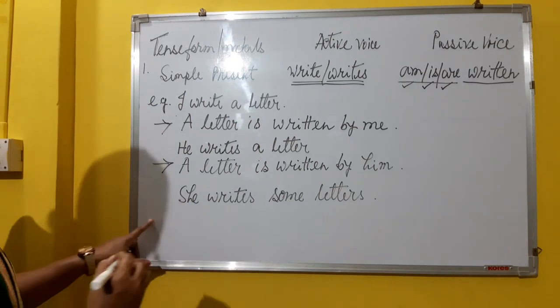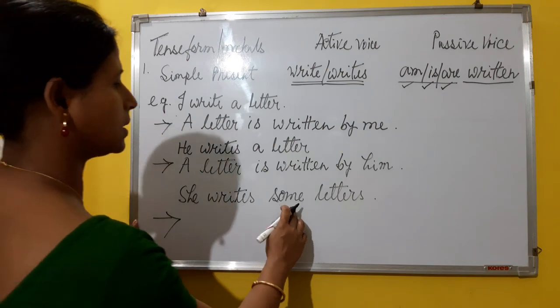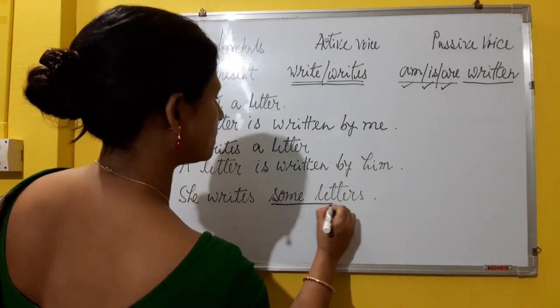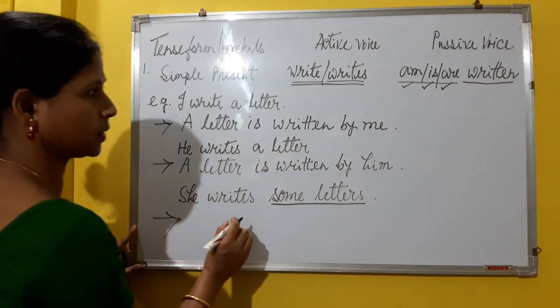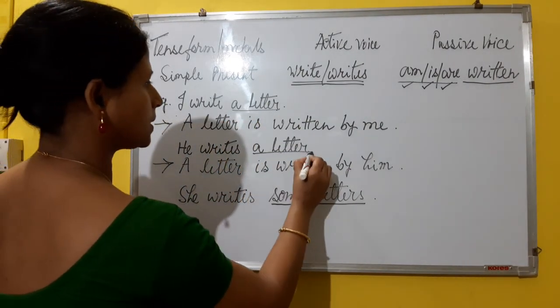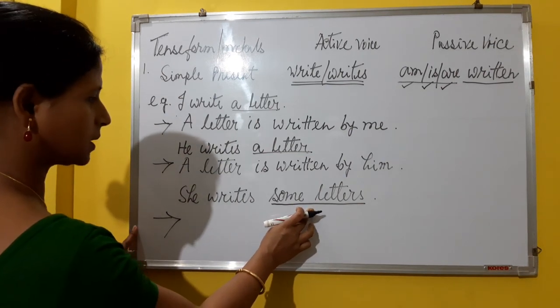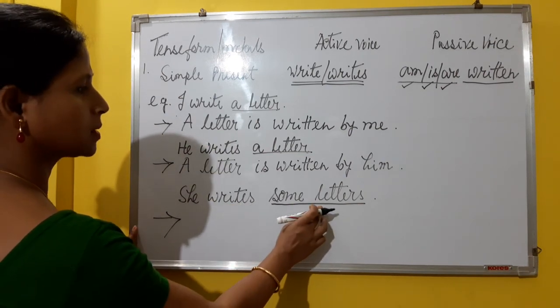And here, she writes some letters. I have used this sentence only to show that this is plural. What happens if it is plural? Because a letter is singular. Here also a letter is singular. This is plural. This is the object. The object is followed by the verb. Some letters.